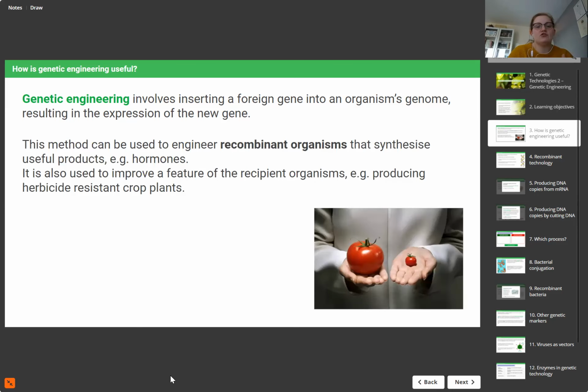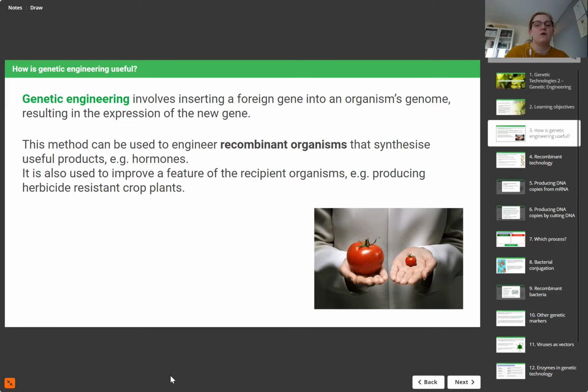So this method can be used to engineer recombinant organisms, and they synthesize useful products such as hormones. If we want certain hormones being made, we can pop that gene into another organism and it'll make those hormones, and we could harvest those hormones and use them somewhere else. But we can also use it to improve a feature of the recipient organism, so producing herbicide-resistant crop plants.